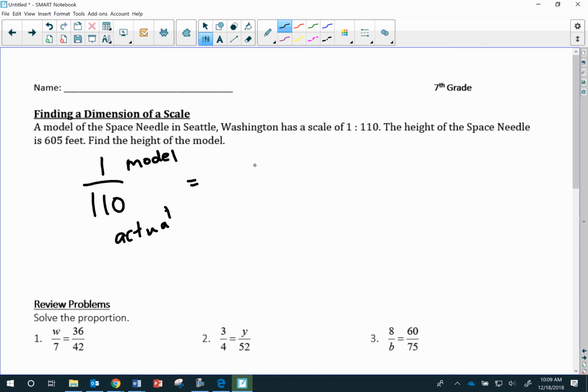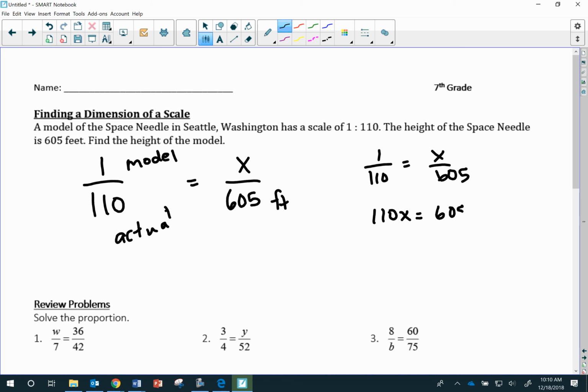So this equals x over 605 feet. So if I set it up as a proportion, 1 over 110 equals x over 605. I then get 110x equals 605. And if I divide both sides by 110 to solve for x, I have x equals 5.5.